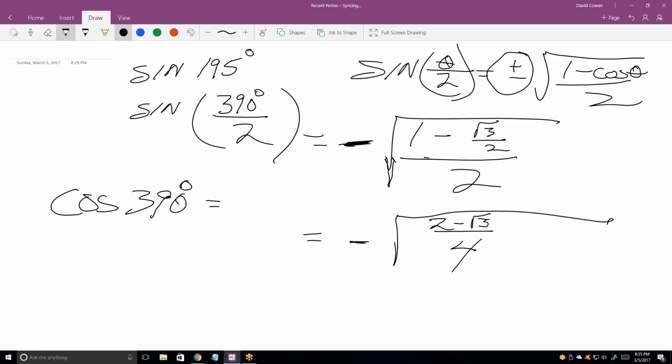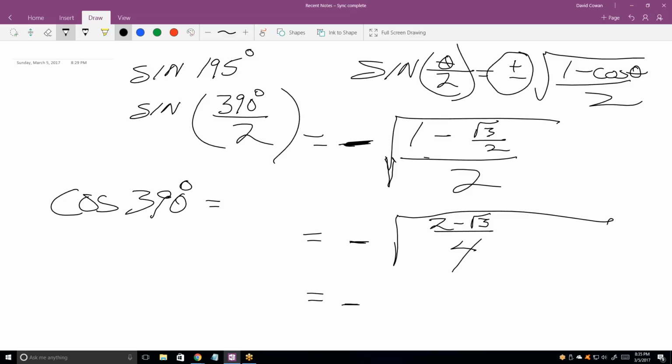Okay. Now, that answer can actually be simplified. How can I simplify that? You might lose points if you put this answer in. You might not. It depends on your teacher. Is there anything I can take outside the radical sign?